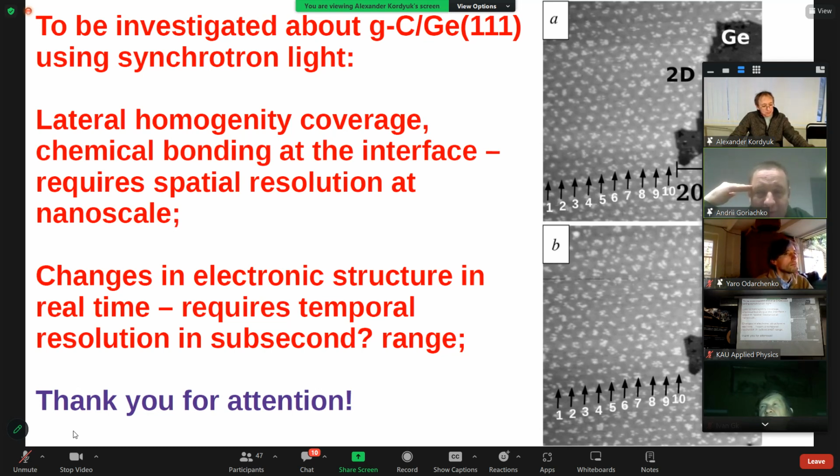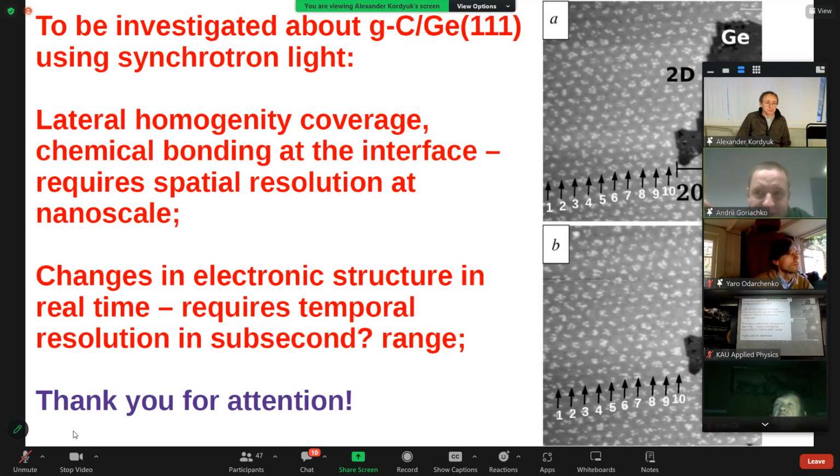So this is the most obvious thing. We would need maybe also the spatial resolution. That's why I talk about spectral microscopy, photoelectron spectral microscopy, within maybe tens of nanometers to see the mapping.